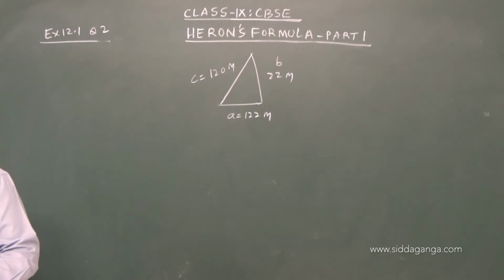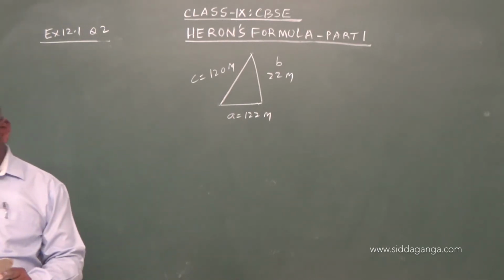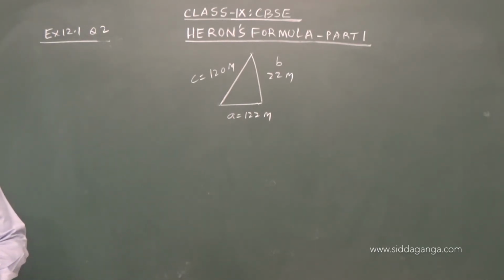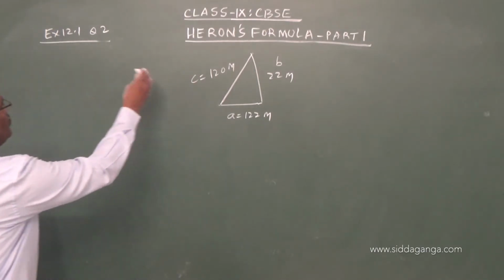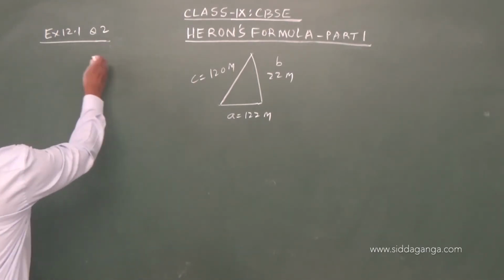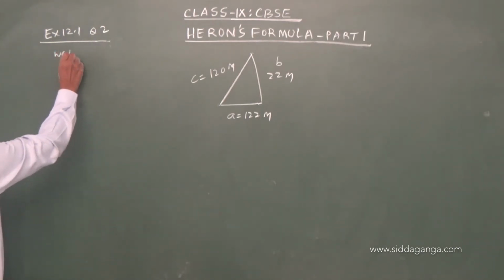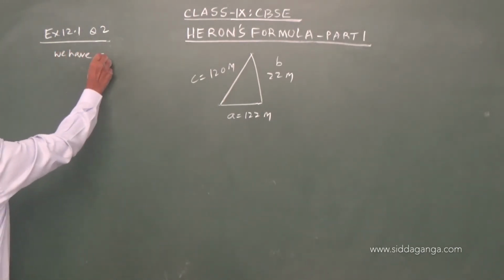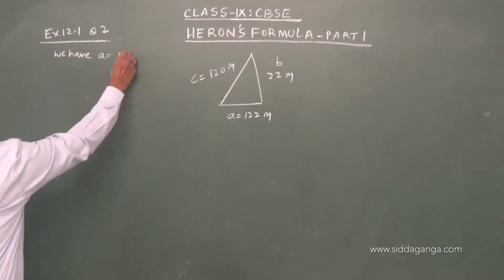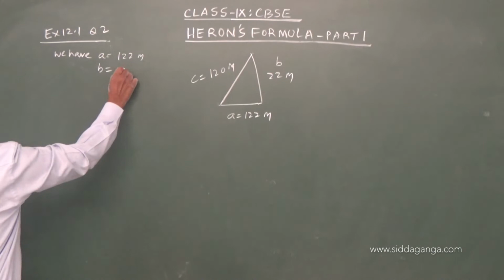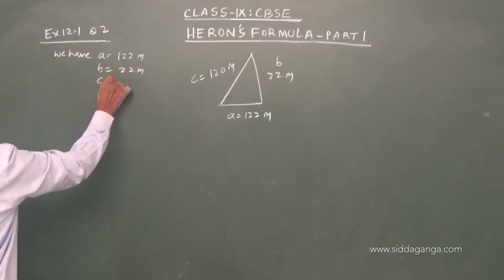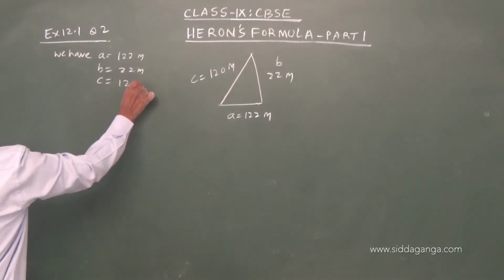So we have to calculate the area first. To calculate the area we need the semi perimeter. We have A equals 122 meter, B equals 22 meter, C equals 120 meter.